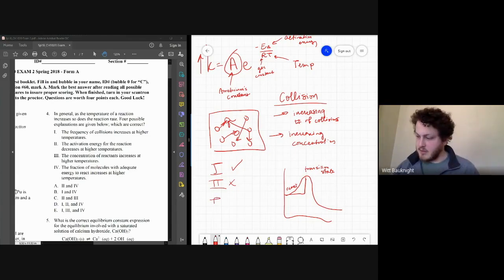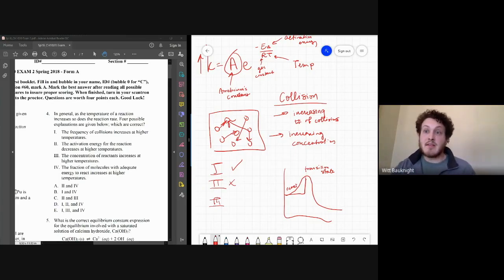Let's talk about statement number 3. The concentration of reactants increases at higher temperatures. Now, let's think about this on a macroscopic level. Let's say you have a glass of sweet tea. That's pretty sweet. If we put it in the fridge for 30 minutes, it gets colder. Is it any less sweet?